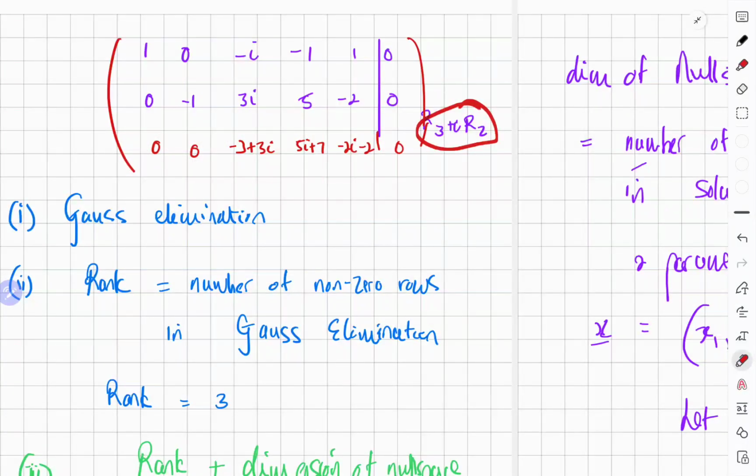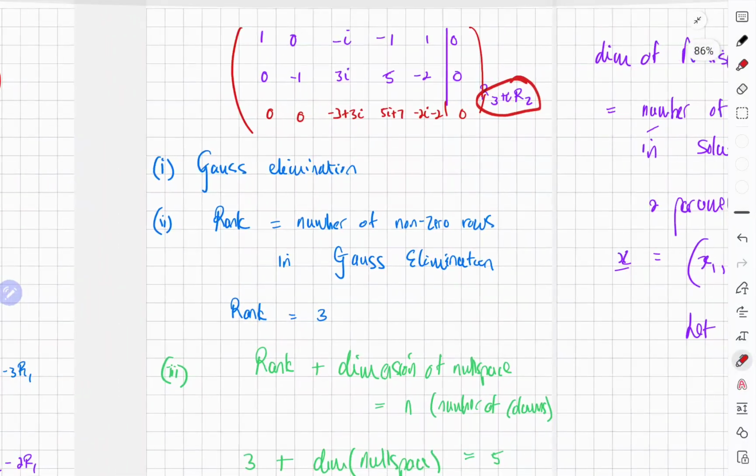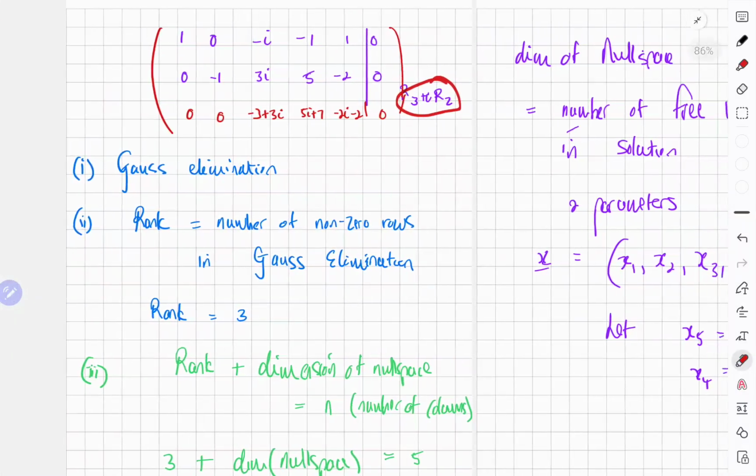So what do we see here? We see that we cannot continue. You can even pause the video and try for yourself. Try to make this maybe a 0, or maybe try to make that a 0. You will see that that does not help. You cannot go any further.